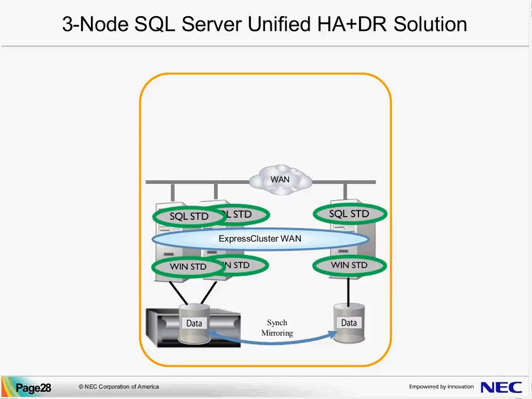So this is a fully contained and automated solution for both local high availability and remote disaster recovery. ExpressCluster has a large set of capabilities, and you can start with a very simple configuration and expand to very comprehensive and sophisticated solutions supporting multiple servers, multiple tiers of servers for high availability and disaster recovery.